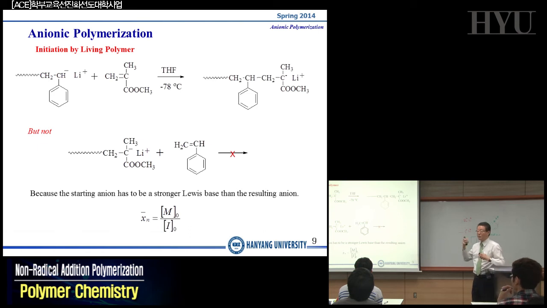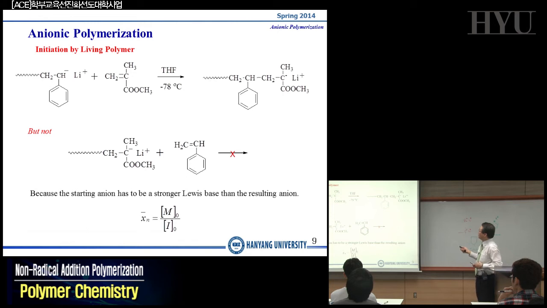Well, what if we have a second monomer, in the case of copolymerization reactions? When we have a styrenyl carbanion first, it can attack methyl methacrylate, attacking the vinyl group and forming the methyl methacrylate anion.